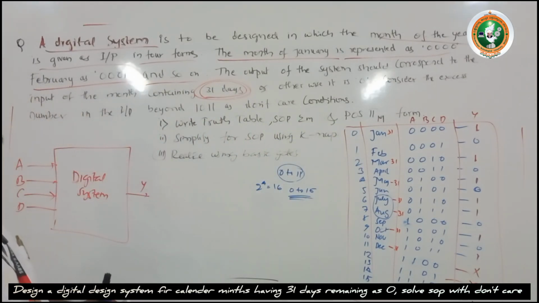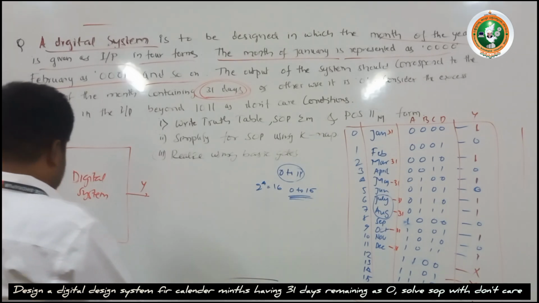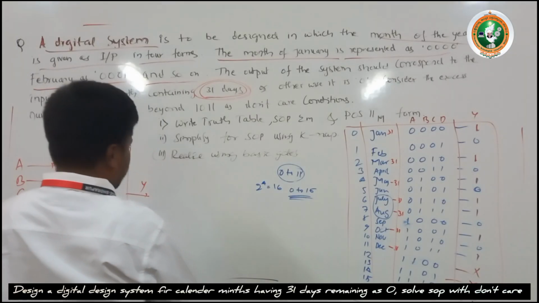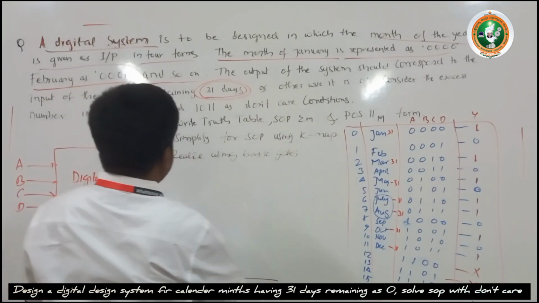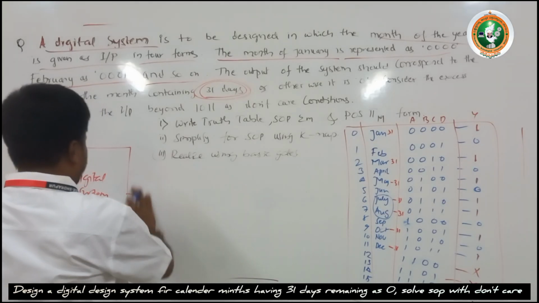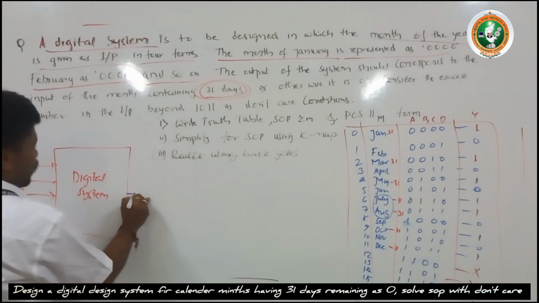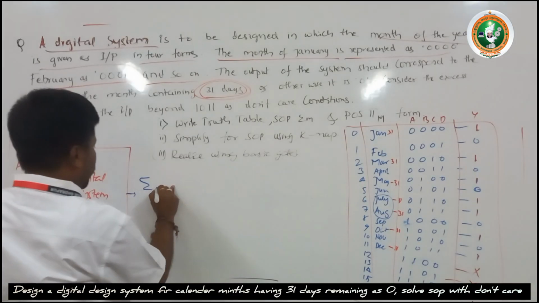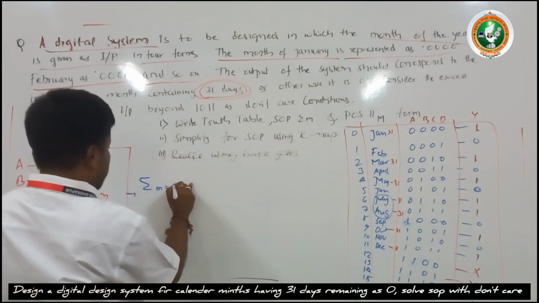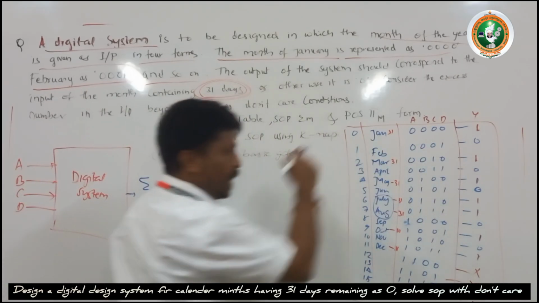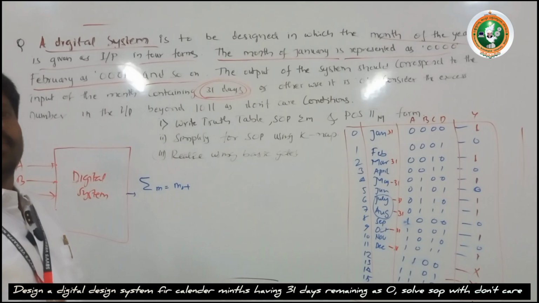How to write the SOP form for this one? The SOP form can be written as the summation of m, that is, m0 plus wherever the ones are, those are considered as the min terms in my Boolean function.